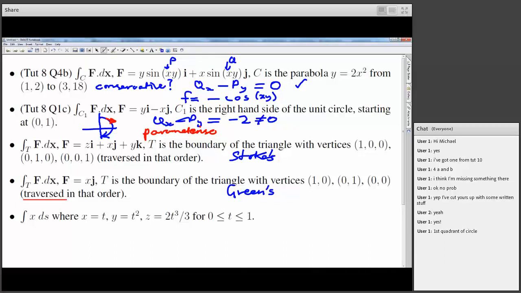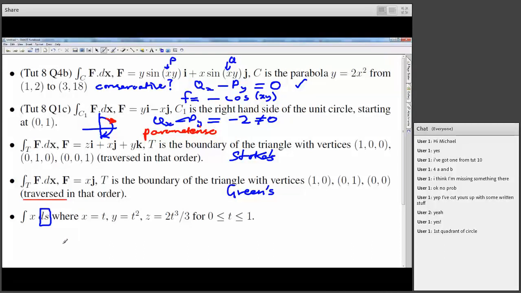For this last case, it's a ds, which basically means it's a scalar line integral instead. You're just adding up the x values along the whole arc length. So you'd use this sort of calculation to work out the average x value along the curve. I'll do this one just to show you how to do it.